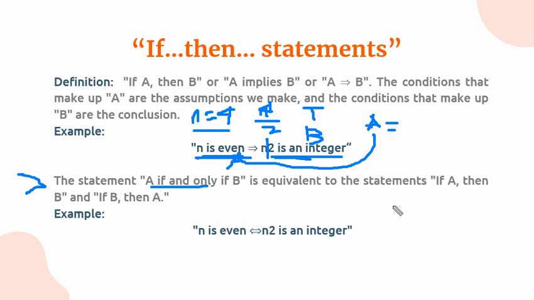For example, N is even if and only if N over 2 is an integer. Considering this example, the statement A here is the same as in the earlier example, and this is the statement B. Again, N is a multiple of 2 because it is even.